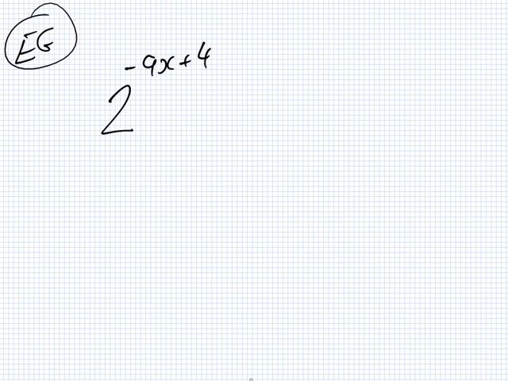Now, in fact, whenever you have terms like this with x in the power, it's always possible to write this in the form of a e^(kx), where a and k are constants.